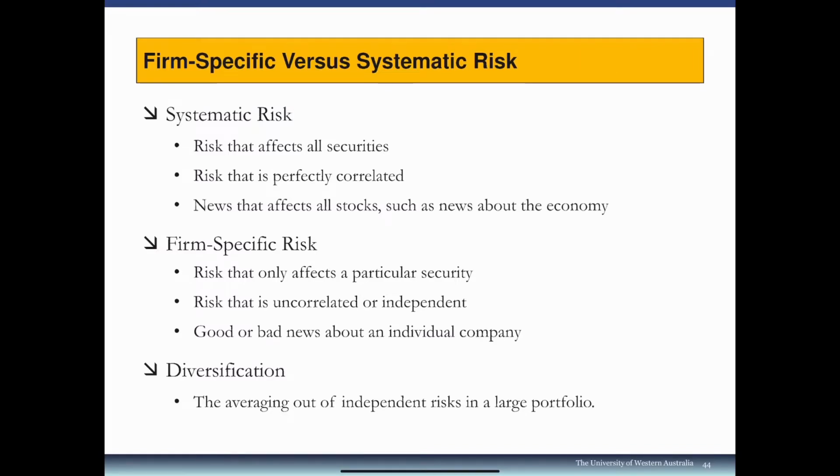In comparison, we also have something called firm-specific risk, which is a risk that only affects a particular security, and is a risk that is uncorrelated or independent from each other. So you can think about good or bad news about an individual company. Let's say you are a drug company and you come up with a new vaccine for COVID-19, that would be good news for that company.